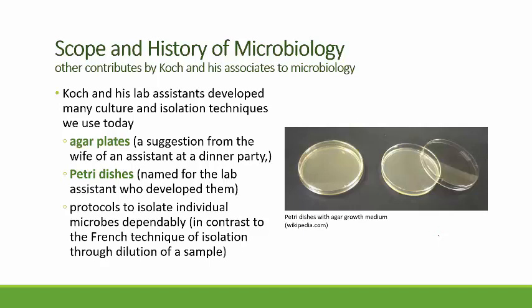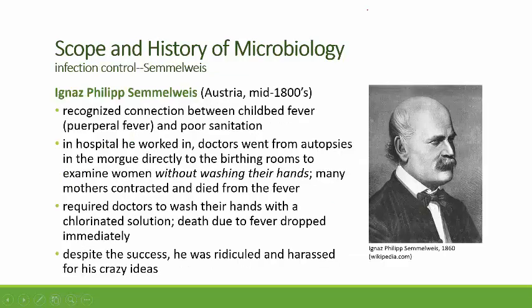That was the French technique, and it did not guarantee pure culture. Whereas the technique that you're going to learn in lab is one that allows us to guarantee pure culture. Okay, so those are some additional contributions of Koch and his colleagues.